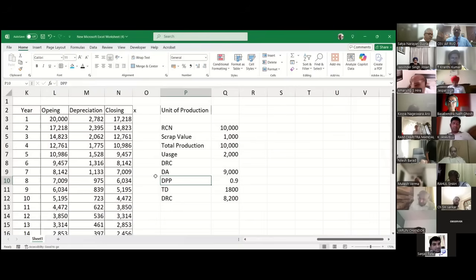ओके, उसमें डेप्रिसिएशन पर ईयर करते थे, ये एनम था. ये पर प्रोडक्ट कितना डेप्रिसिएशन या पर यूजेस कितना डेप्रिशिएट होगा. Okay.